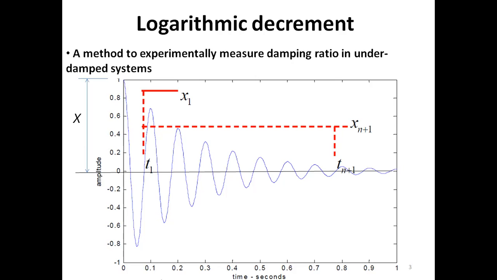Here you could see, let's say this is the actual plot of the system, the time response. Along the vertical axis we have the displacement, whereas along the horizontal axis we have time.